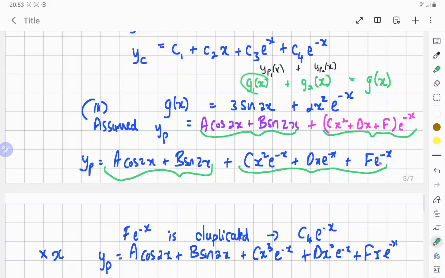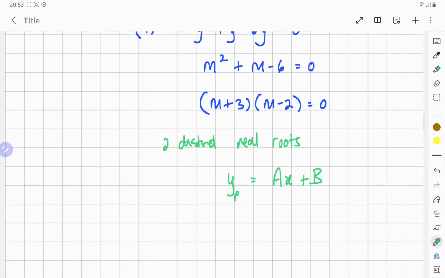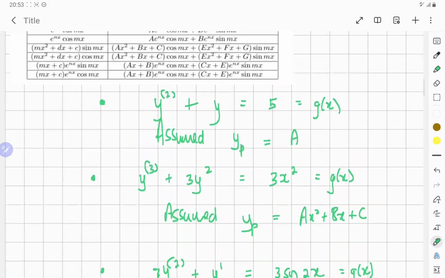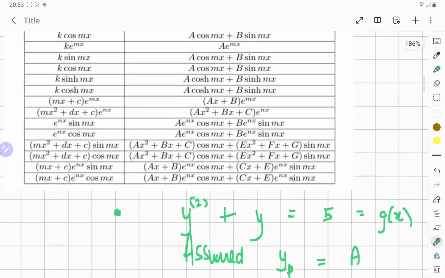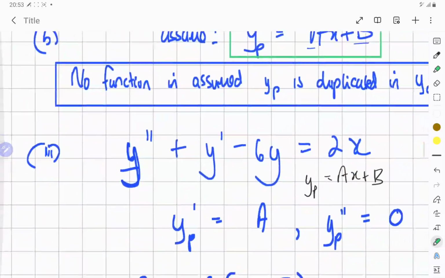Let's first look at g1(x), which is 3 sine 2x. Now recall what I said from the table. 3 sine 2x. Do not make the common mistake students make. Don't just use sine. Remember I said whenever you see sine or cos, you will add both of them, cos and sine.